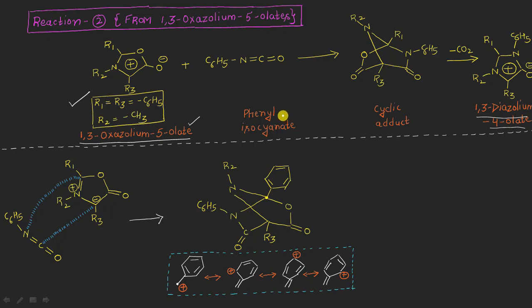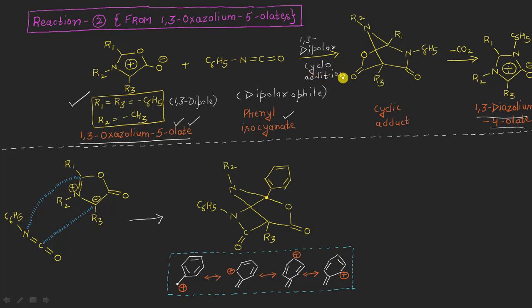It is with the phenyl isocyanate, which will be acting as the dipolarophile here. Let me write here the word dipolarophile, and of course the mesoionic, that is the 5-olate, will be acting as our 1,3-dipole, and the reaction will be a 1,3-dipolar cycloaddition reaction.